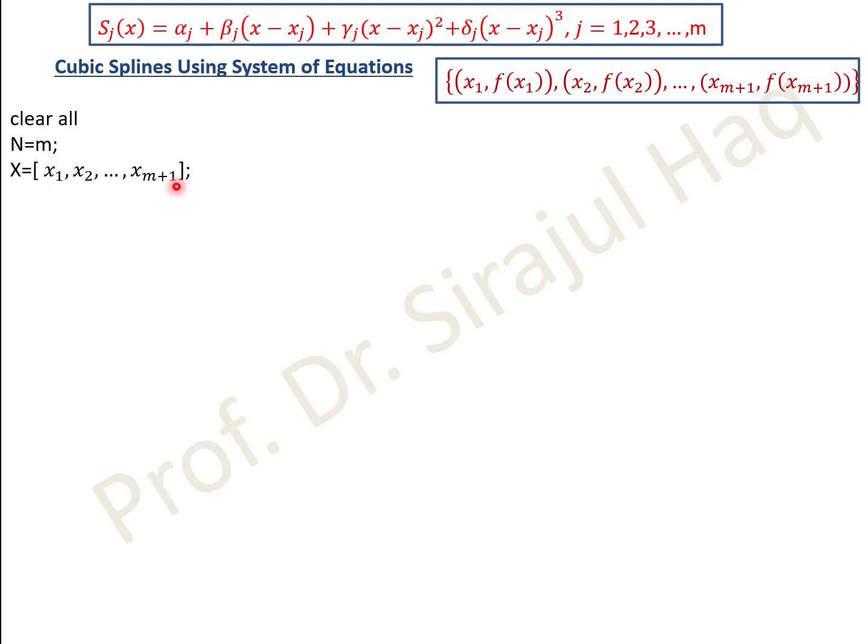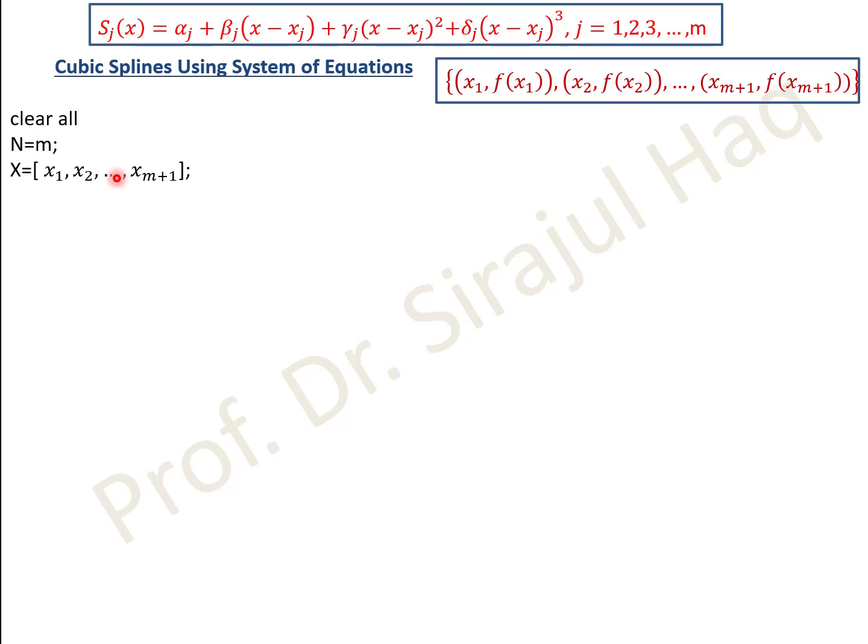So these are the xi's. So capital X of 1 is equal to small x1, capital X of 2 is equal to small x2, and capital X of m plus 1 will be x of m plus 1. If you are running a loop, you write it in this way. Instead of commas, if you use spaces or dots, the computer will not recognize what you mean by dot.